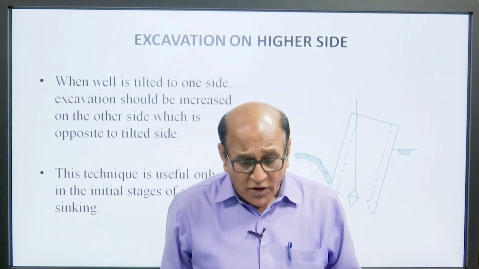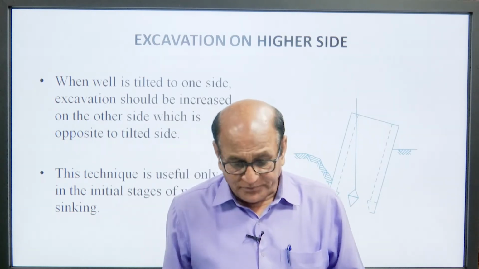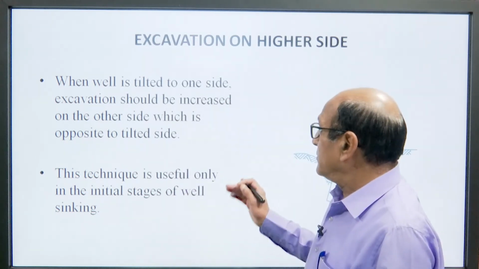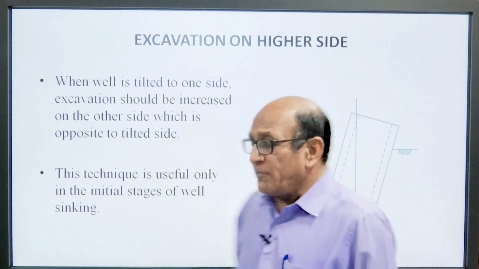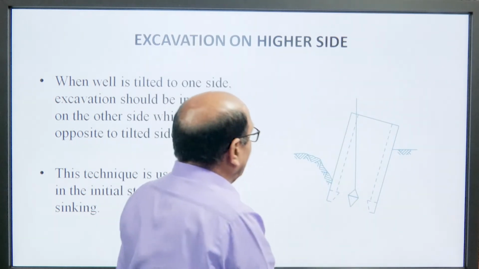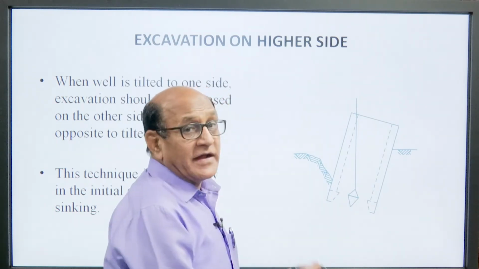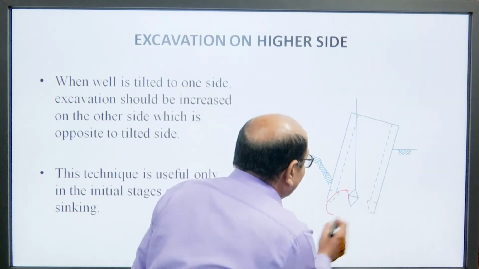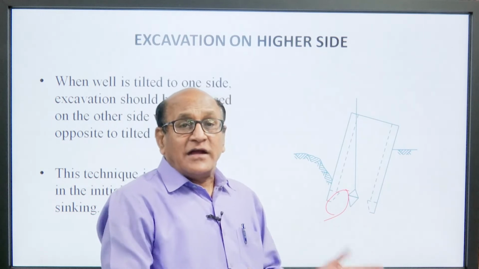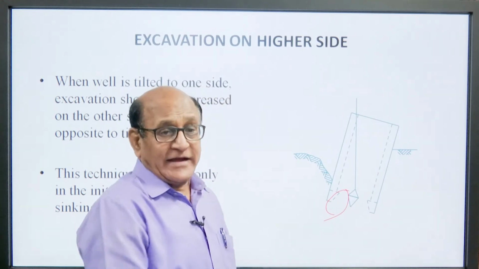Then excavation on the higher side. Suppose this is our well and it is now inclined this way. So, excavation could be done at this higher side portion, so that the steining portion will sink.